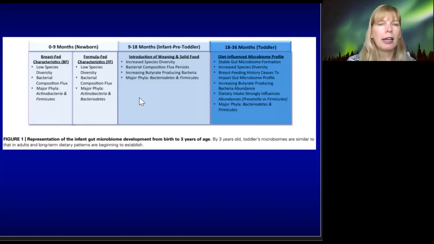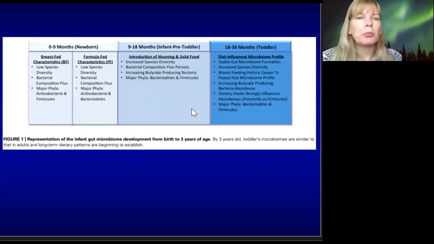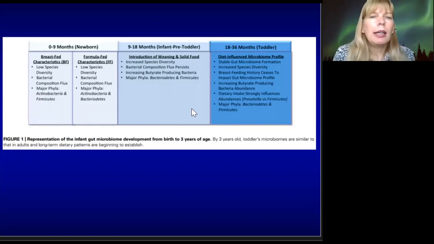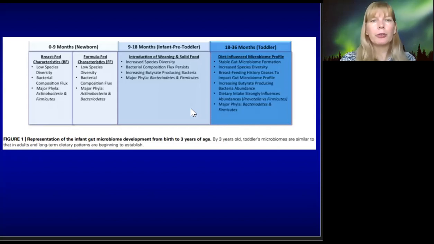All right. And then here, the middle column, looking at infant to pre-toddler, as the toddler is being weaned and introduced to solid food. And you start to see an increase in diversity, of course, because there's more diverse food. It's not just breast milk or formula anymore. And then as you get into toddler, where there's more and more diverse food, of course, you start to see increased diversity.